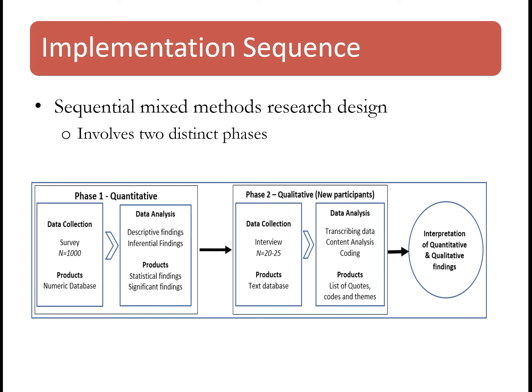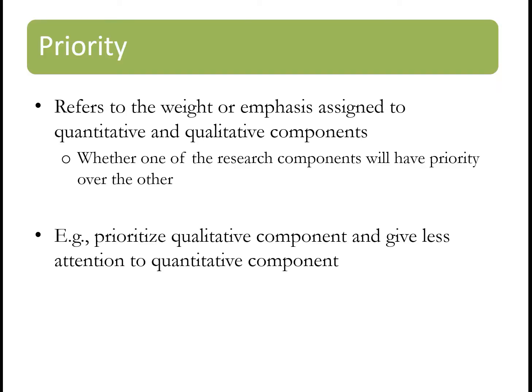Or it could be, for example, in the fly fishing one, we were going to have the qualitative first, the interviews, and the interviews were going to help inform the survey research in phase 2, the quantitative component. The next decision is priority.